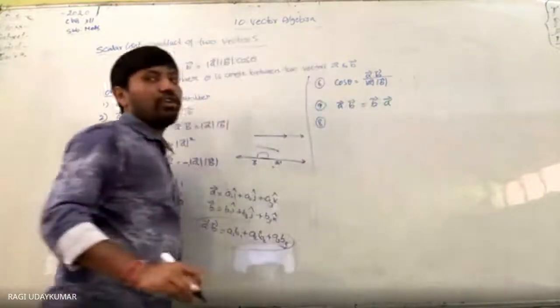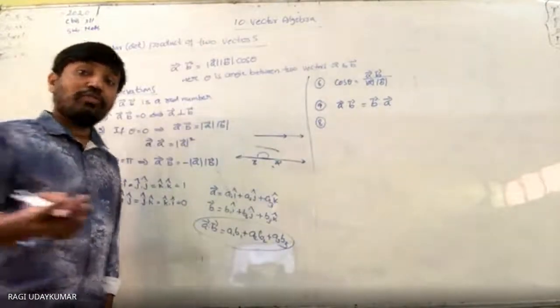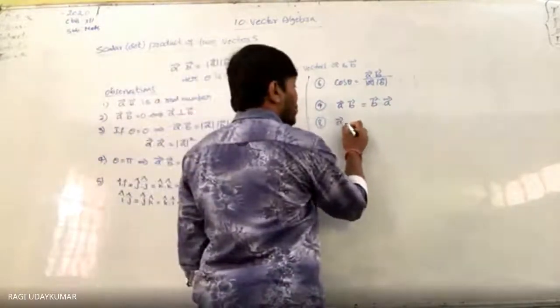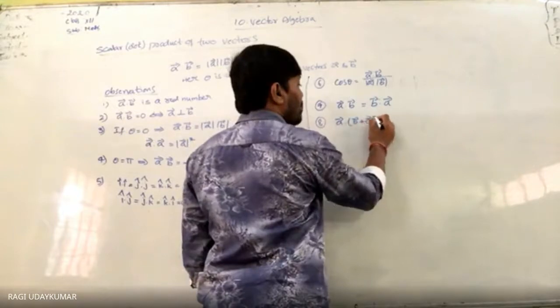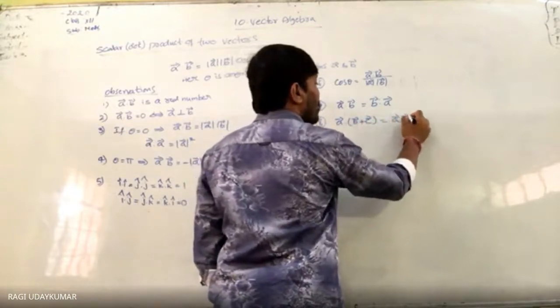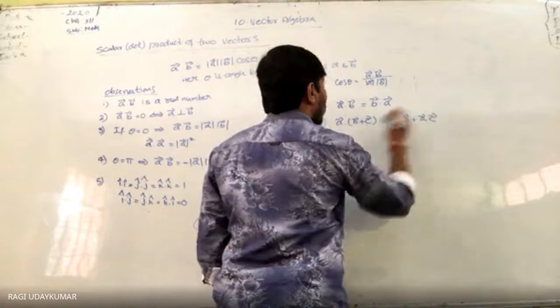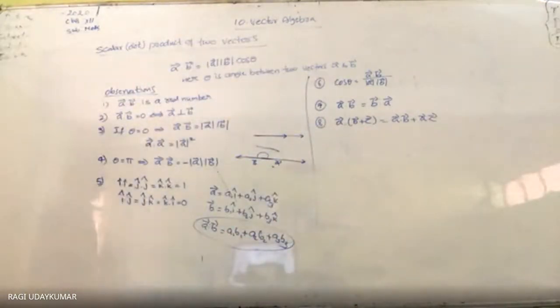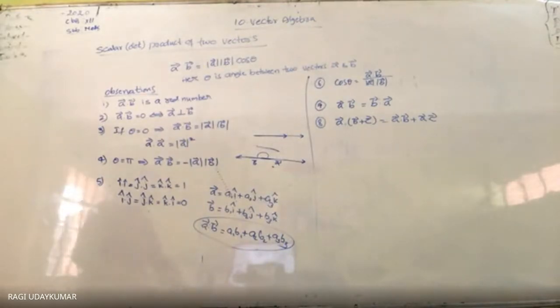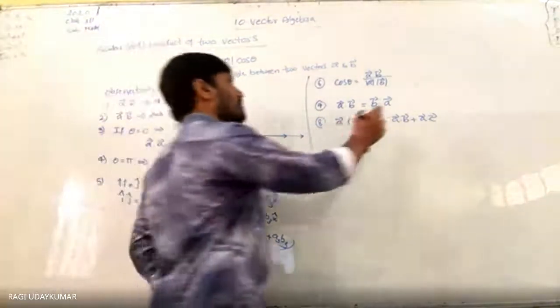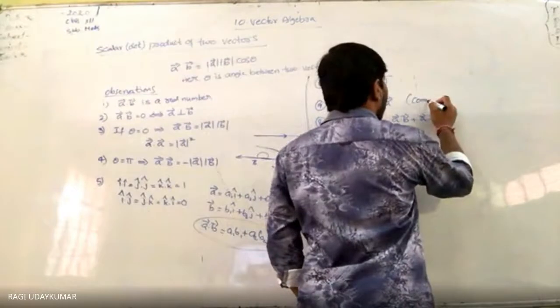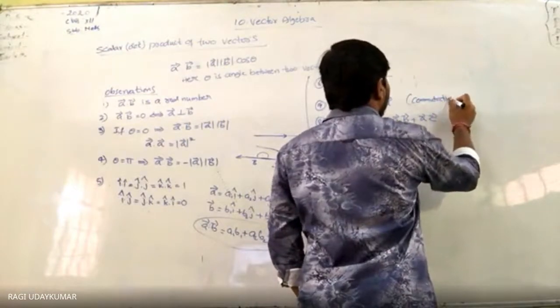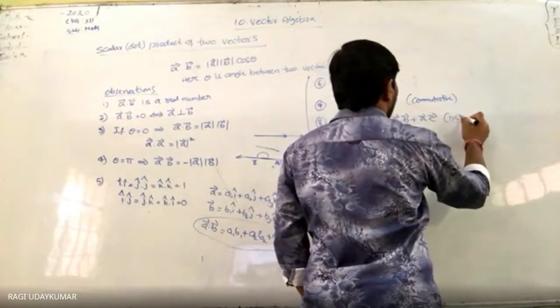And it has the distributive property over addition: A bar dot B bar plus C bar can be written as A bar dot B bar plus A bar dot C bar. So this is called distributive, and this is called the commutative property.